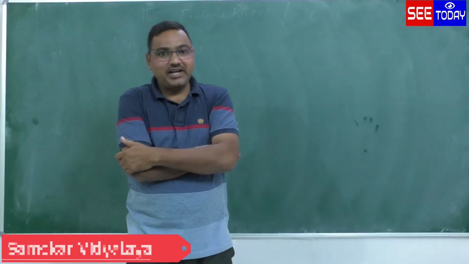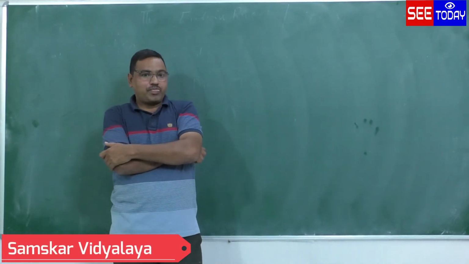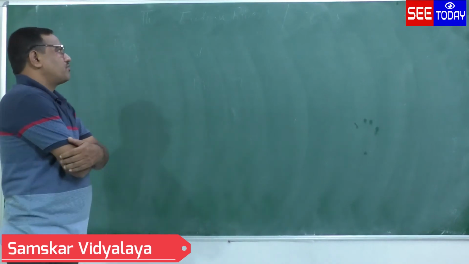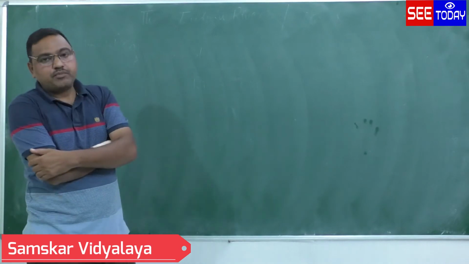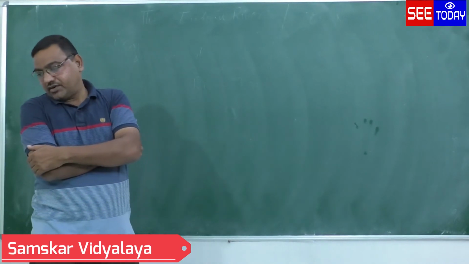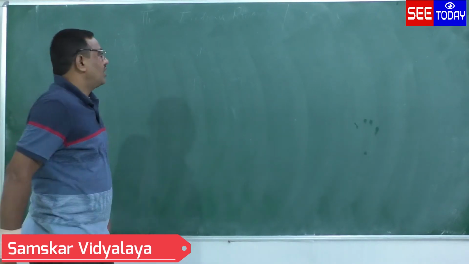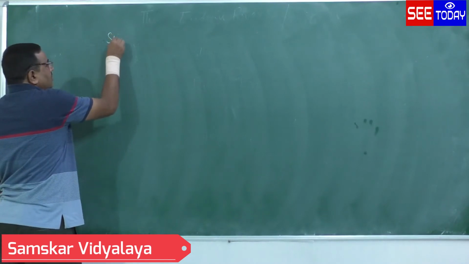Good morning, everybody. Continuing our class on trigonometry. Start with exercise problems. Just one important problem is there before 11.2, that is example 7. What we have to do? Example 7.